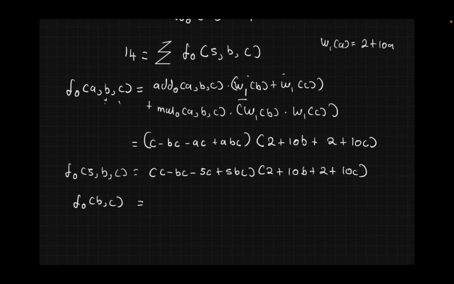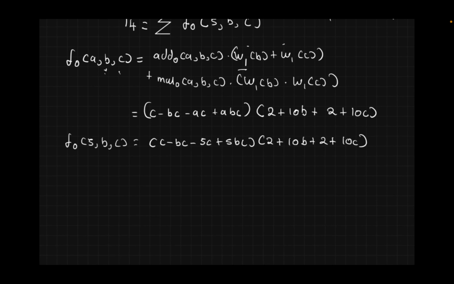When I simplified it, I got 4BC minus 4C, then the other part I got 4 plus 10B plus 10C. The only thing common in both is 2. I'm not simplifying again. It's okay.